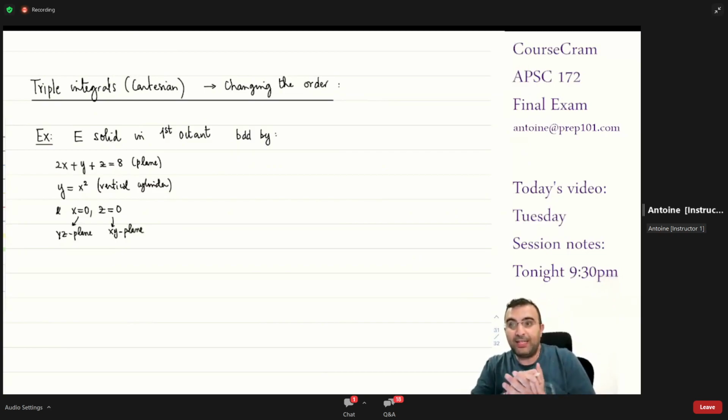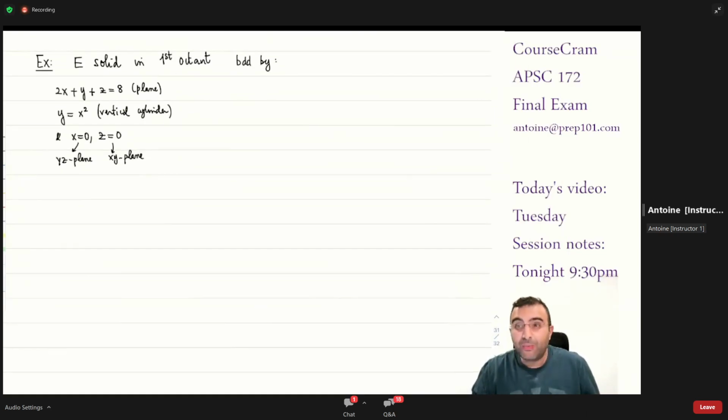Let's find the volume. Now let's write the integral that gives the volume, and then we're going to change the order. We're going to write this in a couple of different orders. The question in the exam said to write the volume as the integral over E of dz dy dx.